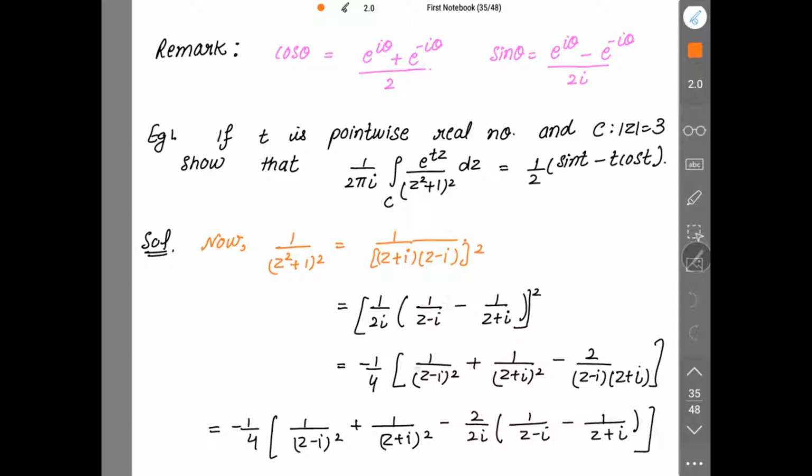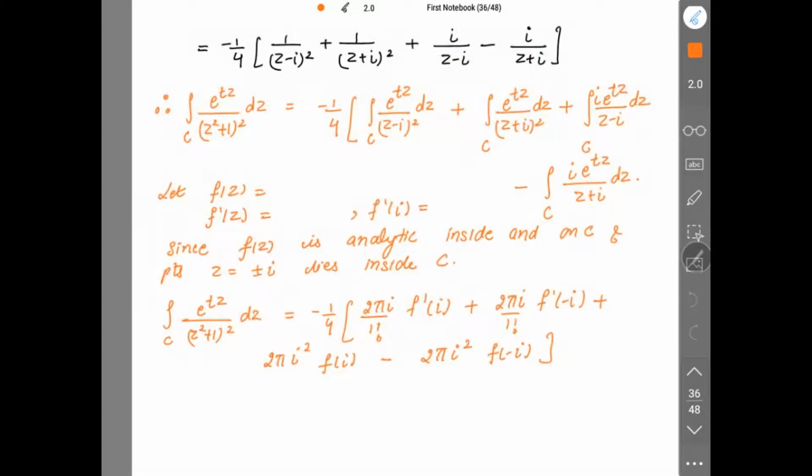That is a square plus b square minus twice a into b. That is what I have done. Then just open this: first term, second term, third term is again split into two parts, and finally I will be getting these 4 terms.